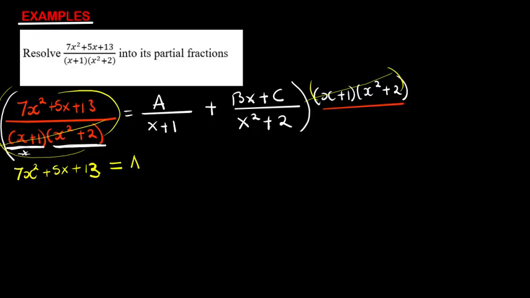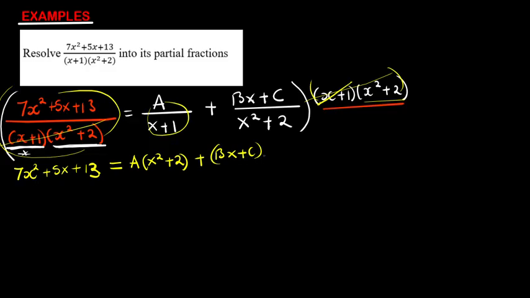I'll have a here, so when I multiply this part with this part, it will cancel, and I'll remain with x squared plus 2, then plus bx plus c.